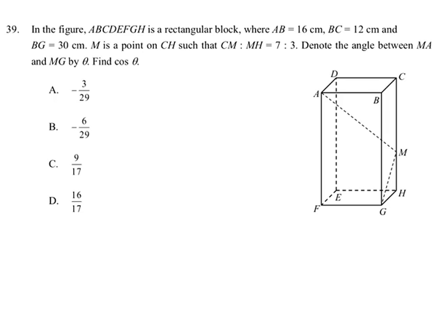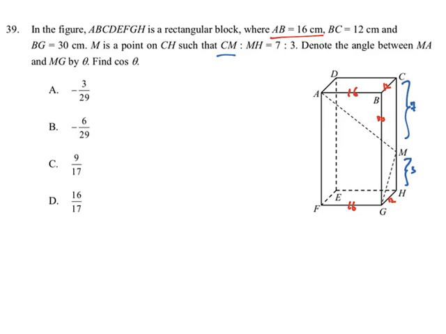Question 39. 3D. AB is 16, BC is 12, and then BG is 30, and we know MC to MH is 7 to 3.